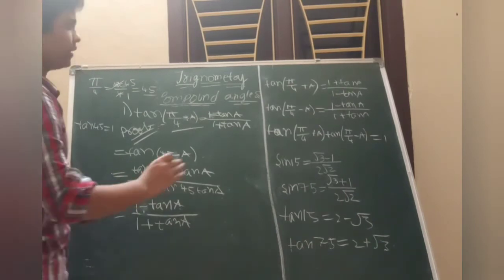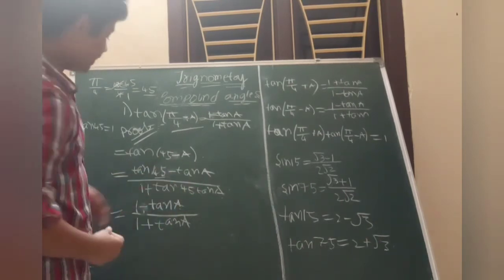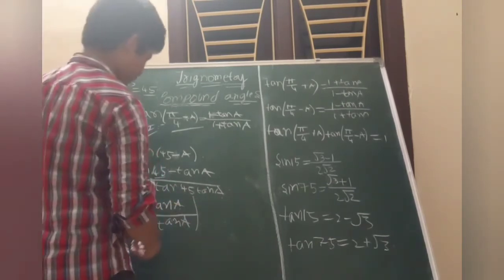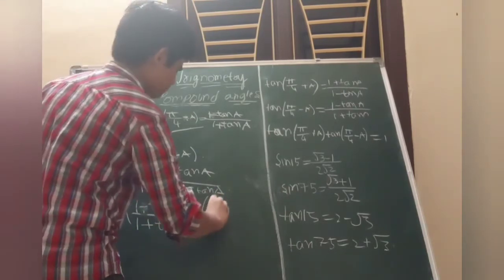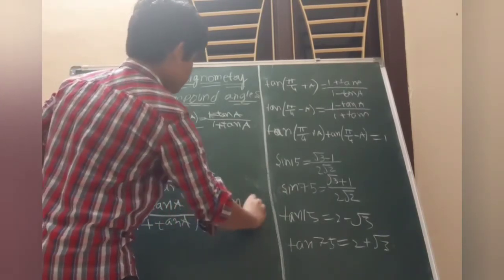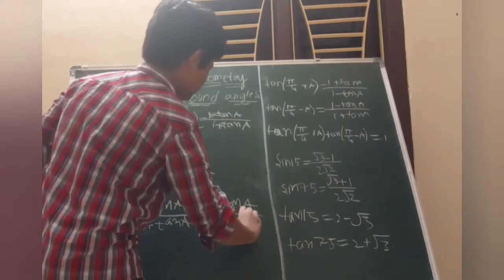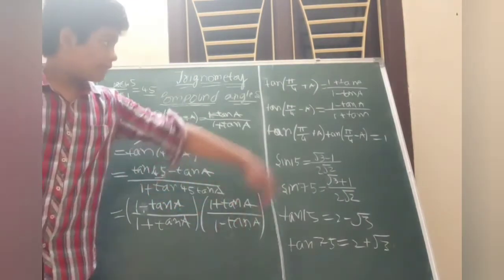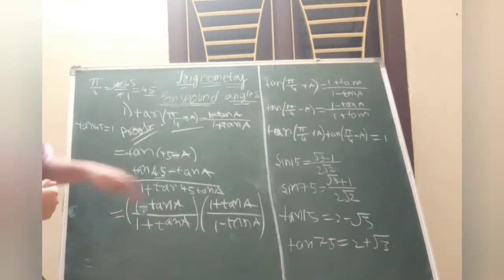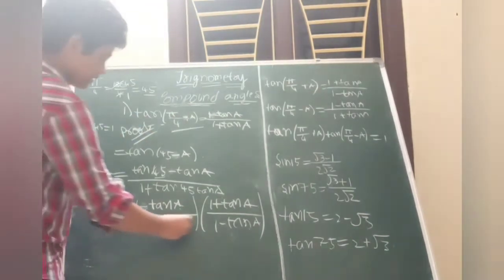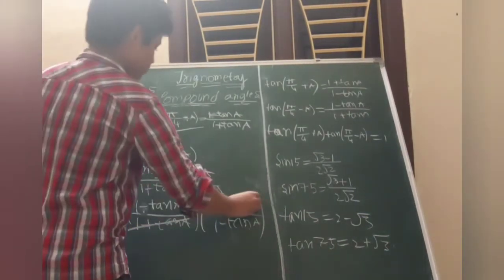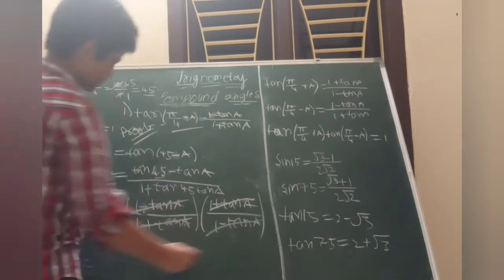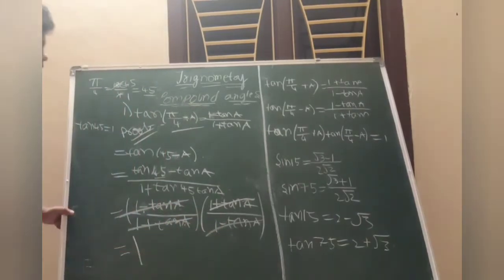If we multiply 1 plus tan A by 1 minus tan A, into 1 minus tan A by 1 plus tan A, here is the value of tan pi by 4 plus A, and here is the value of tan pi by 4 minus A. So 1 plus tan A, 1 plus tan A, and 1 minus tan A, 1 minus tan A get cancelled, and the final answer becomes 1.